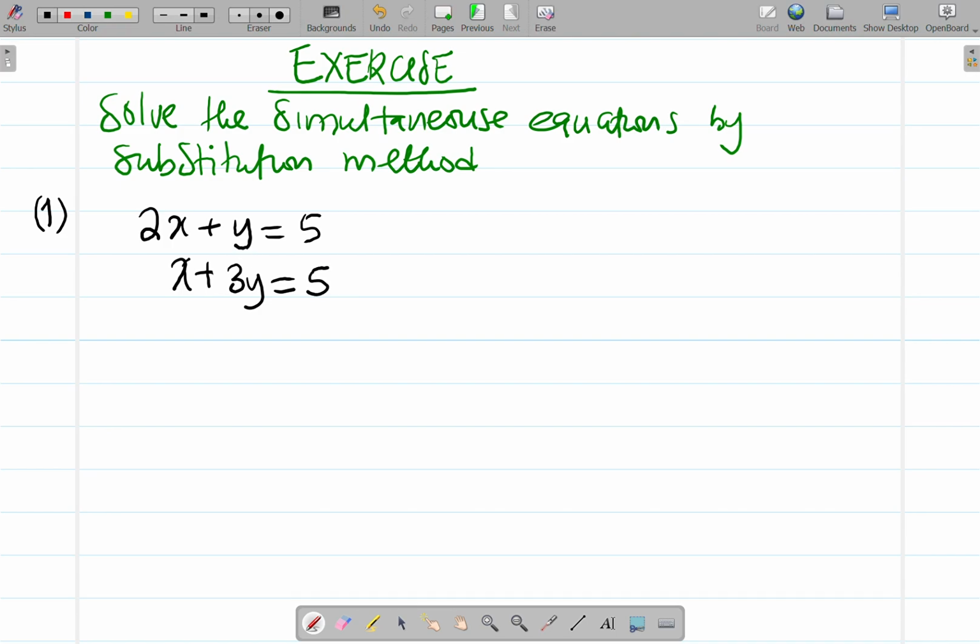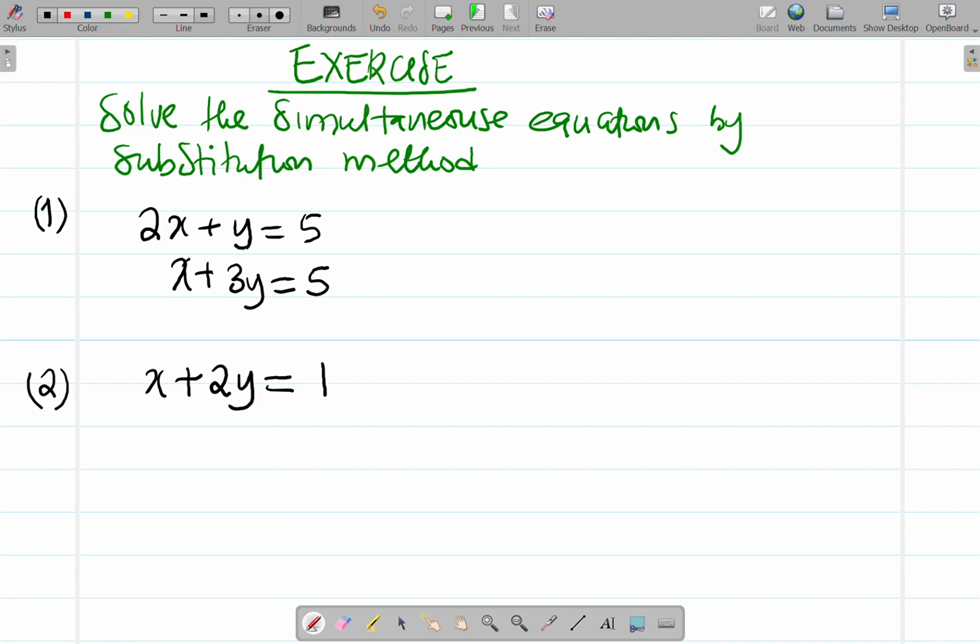Number 2, you can try x plus 2y is equal to 1.